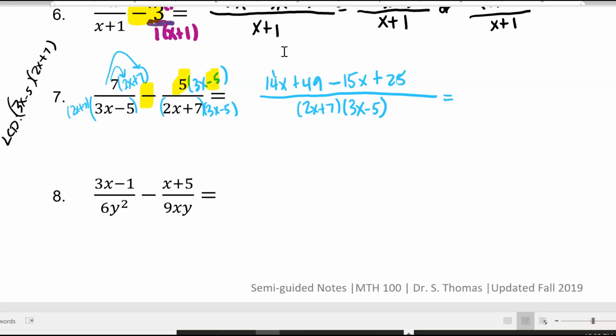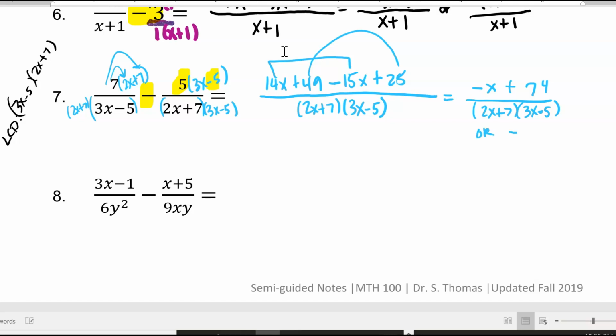We have like terms. 14x minus 15x is negative x, and then we have 49 plus 25. What is that? I see that it's going to be a plus 74 (4 plus 9 is 13, 14, carry the 1, 74) over 2x plus 7 times 3x minus 5. Here I know that nothing's going to turn out to be 2x plus 7 in the numerator.